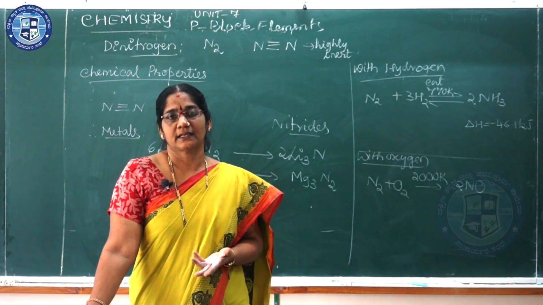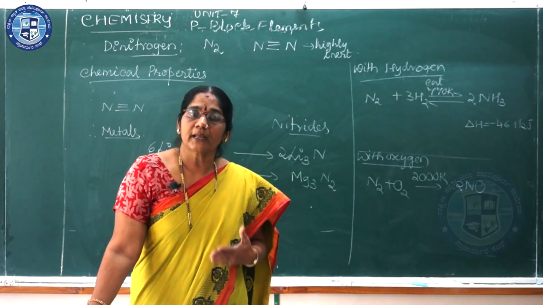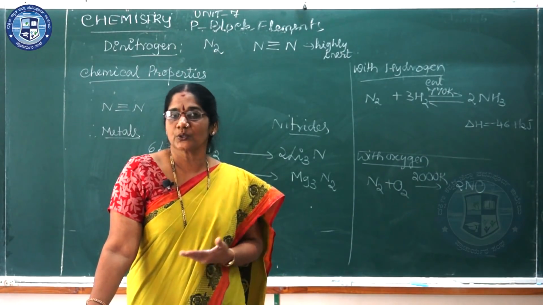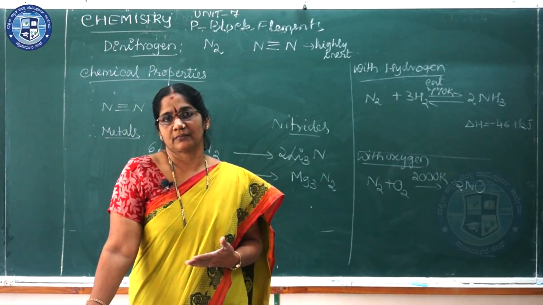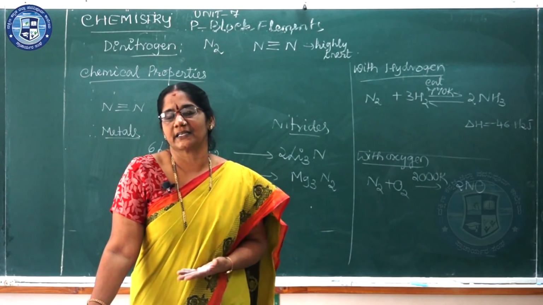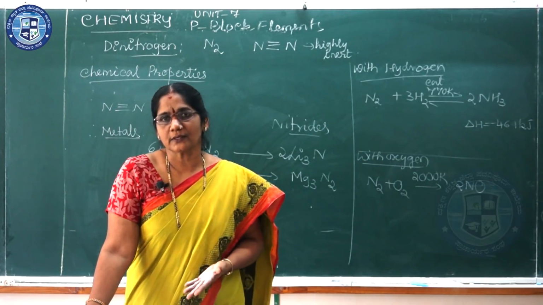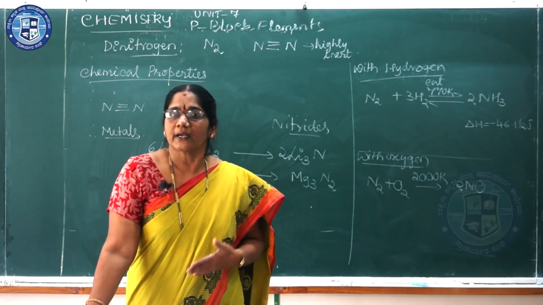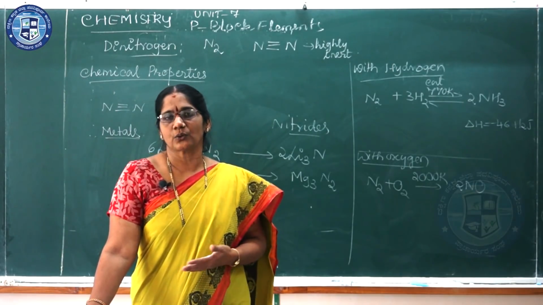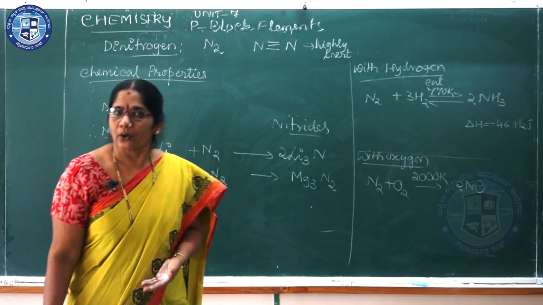And then the low temperature provided by nitrogen is used in cryosurgeries, low temperature surgeries. These are the uses of liquid nitrogen and the gaseous nitrogen, which I have already told you.